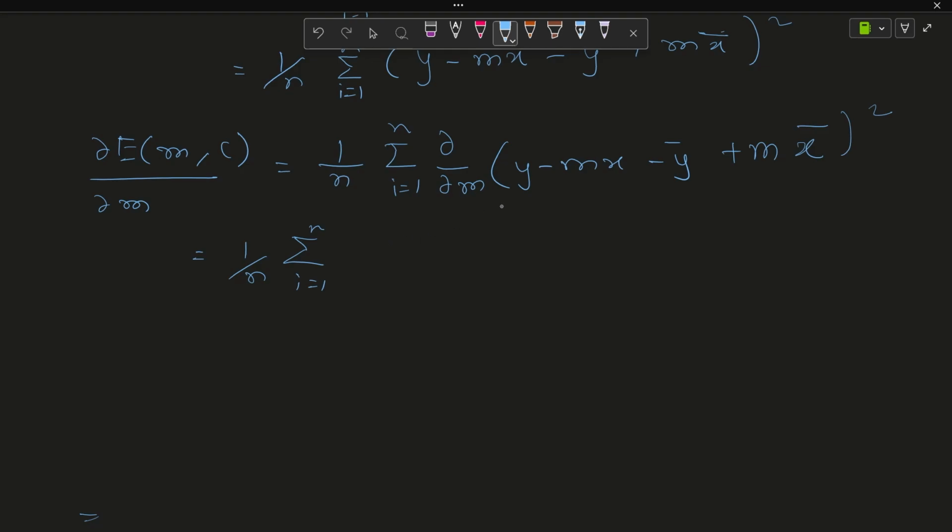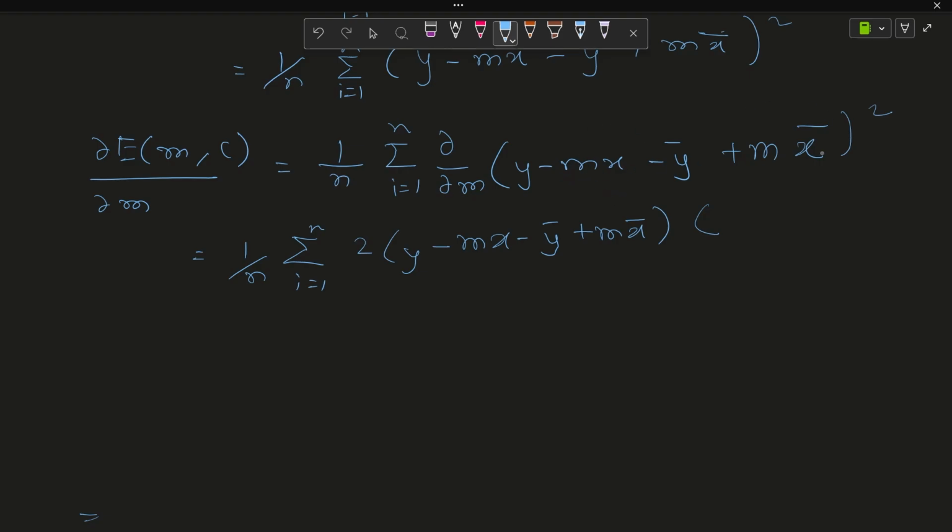So put this and it will be like this, and then into it will be done. So it's the chain rule.